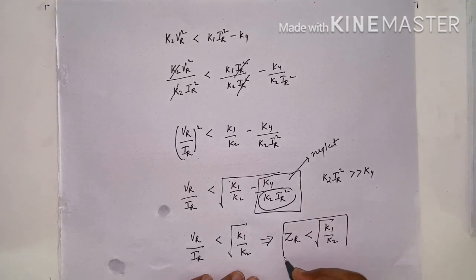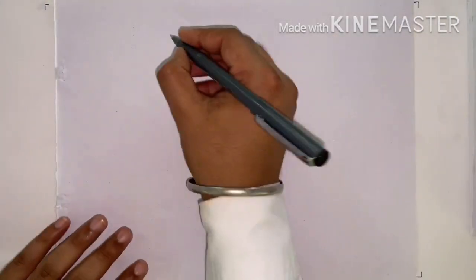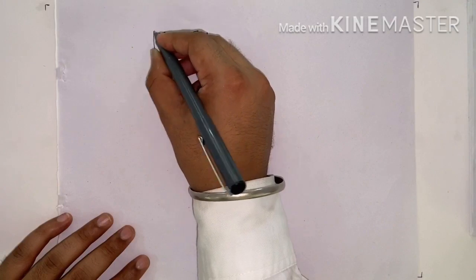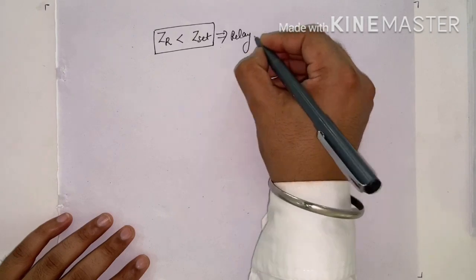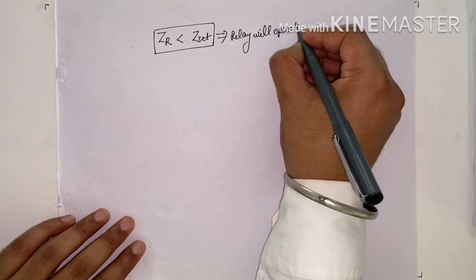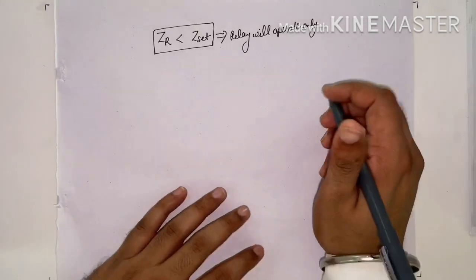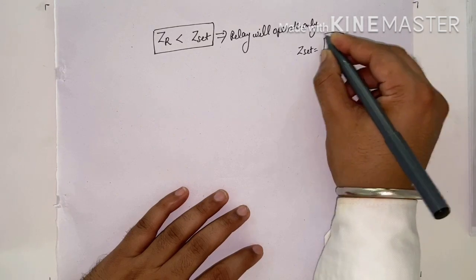The relay will operate only when the relay impedance is less than √(k1/k2). We can say the ratio k1/k2 defines Z, so we can also write that Z is less than Z set. For that condition the relay will operate only. Here Z set equals √(k1/k2).